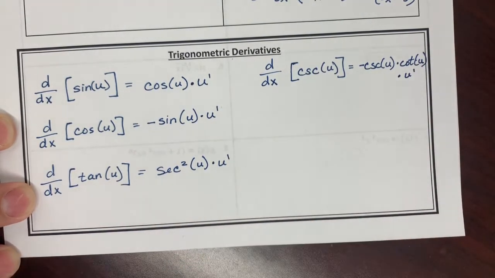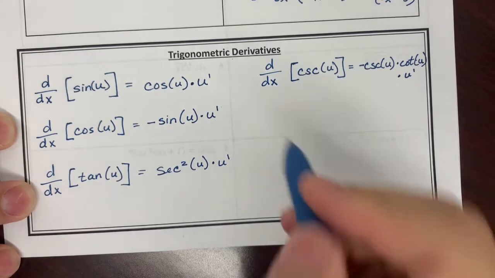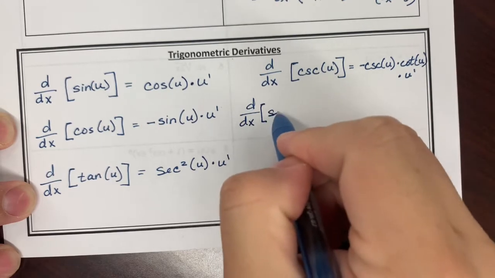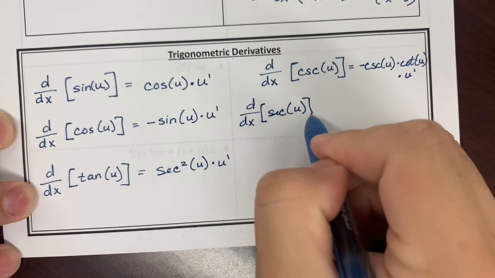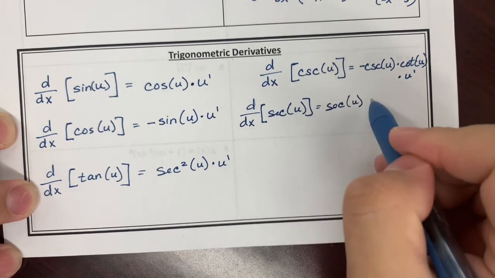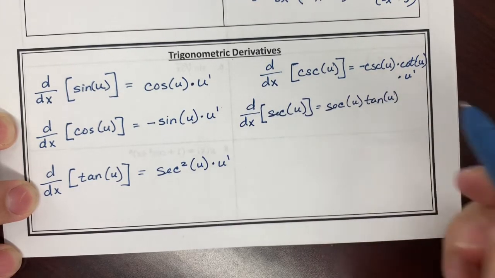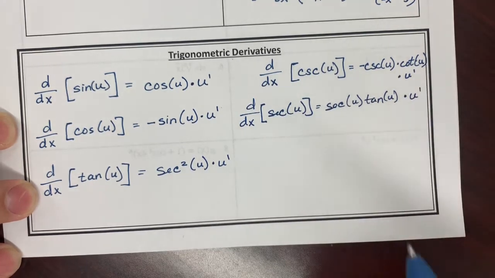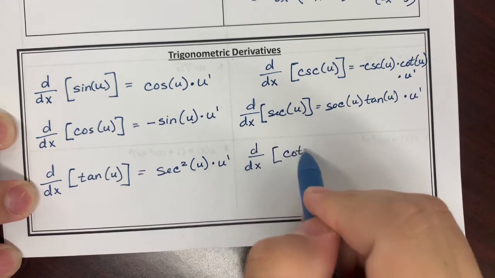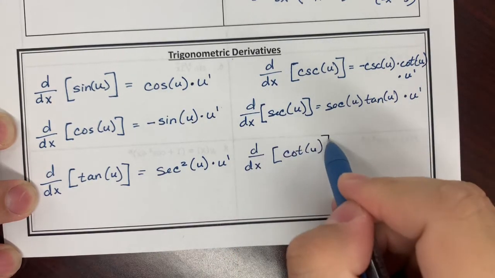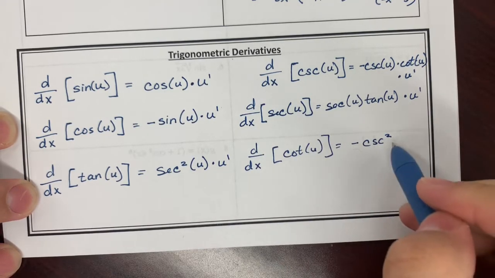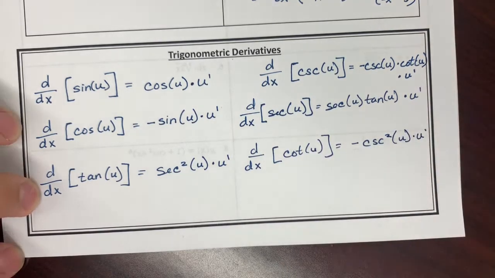Then if I took the derivative of secant of u, that's equal to secant of u times tangent of u times u prime. And if I took the derivative of cotangent of u, that's equal to negative cosecant squared of u times u prime.